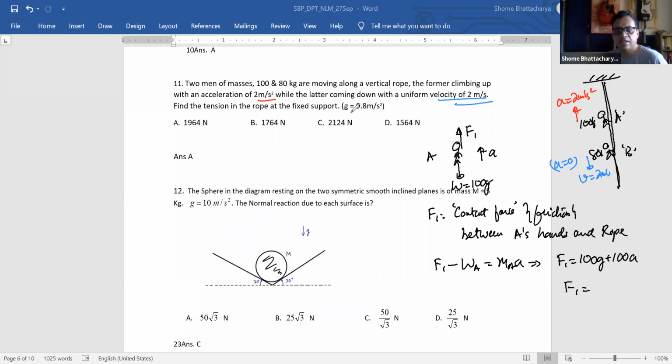If we take g as 9.8, it comes out to be g plus a, that is 100 into 11.8. So that is how much now? 1180 newtons. That is F1, just F1 alone.